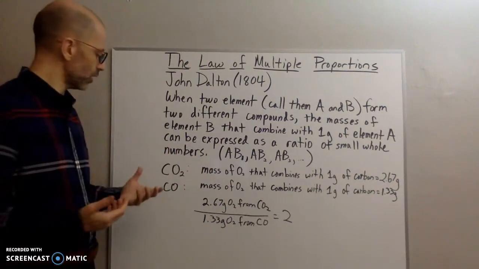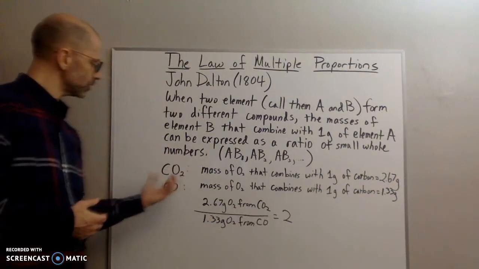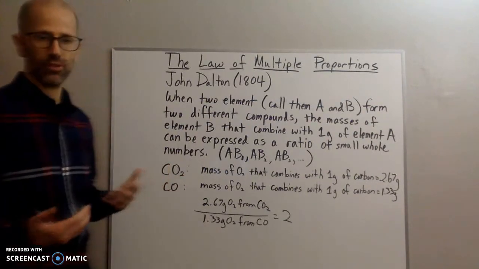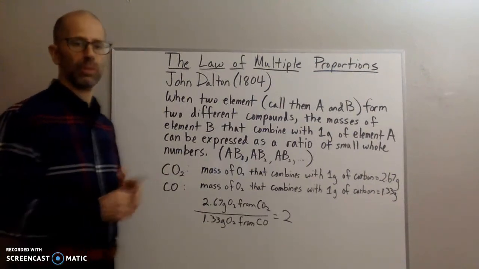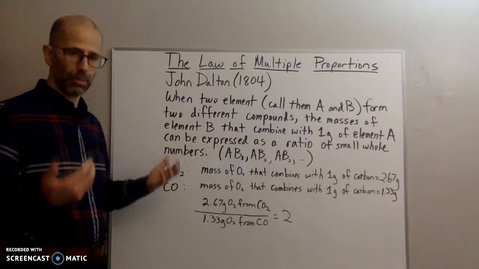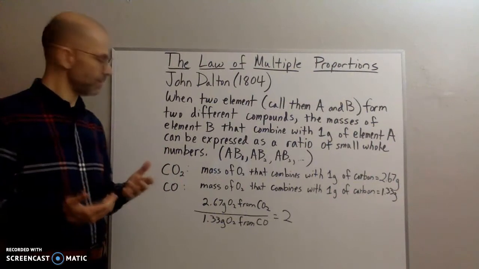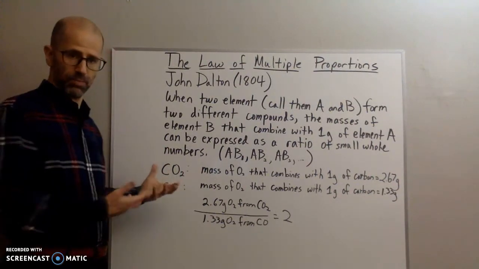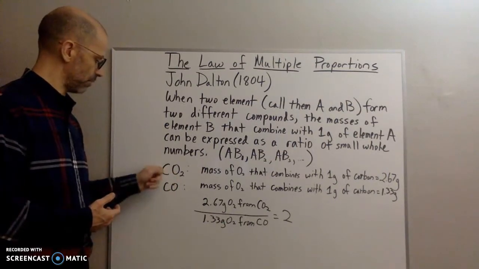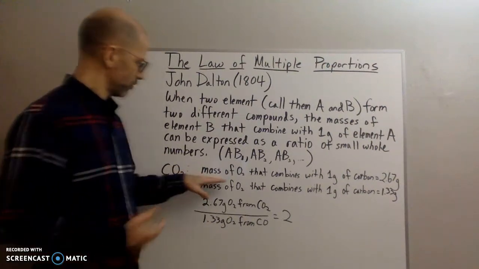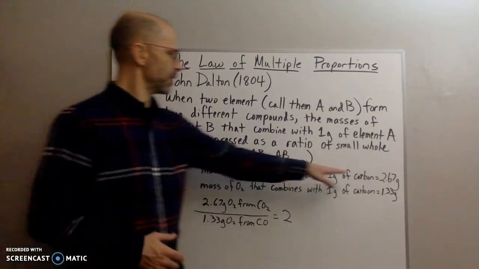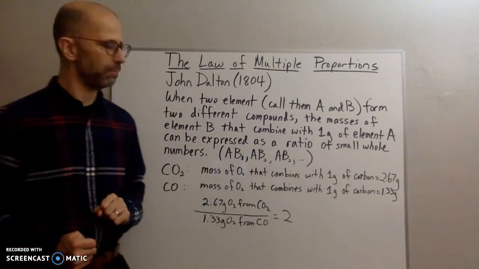Under that suspicion, he found that if you took carbon monoxide and carbon dioxide, both gases that were known to be made up of the same elements but have different properties, and therefore are different substances, you could find out the amount of oxygen per 1 gram of carbon. The mass of oxygen that combines with 1 gram of carbon in carbon dioxide is 2.67 grams.